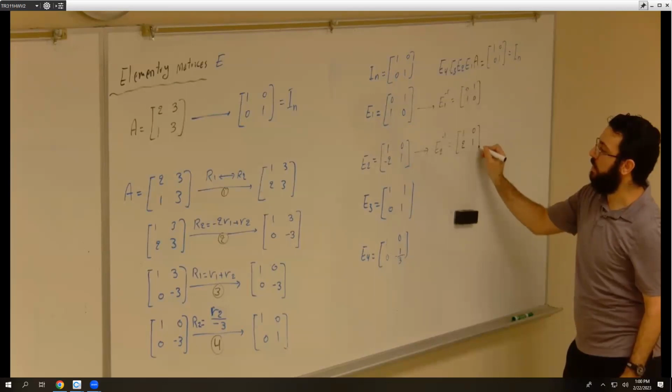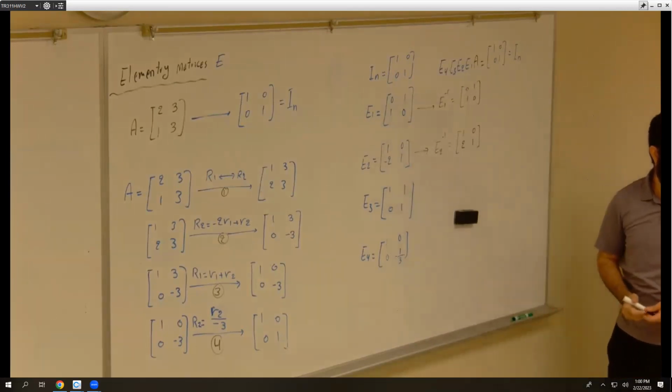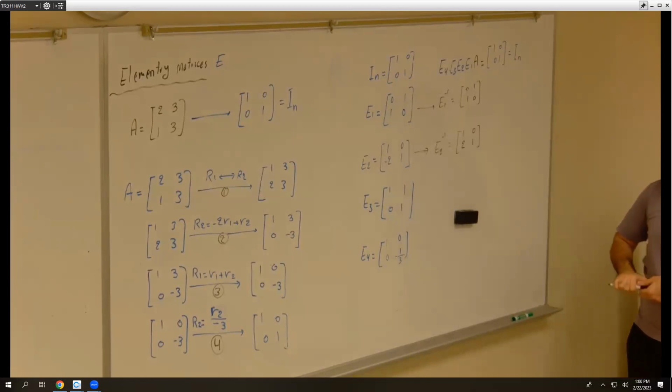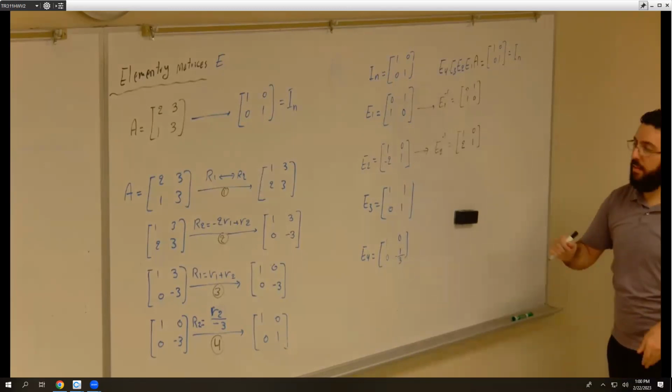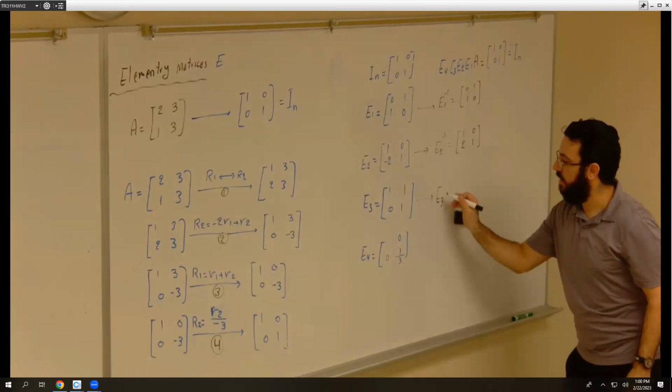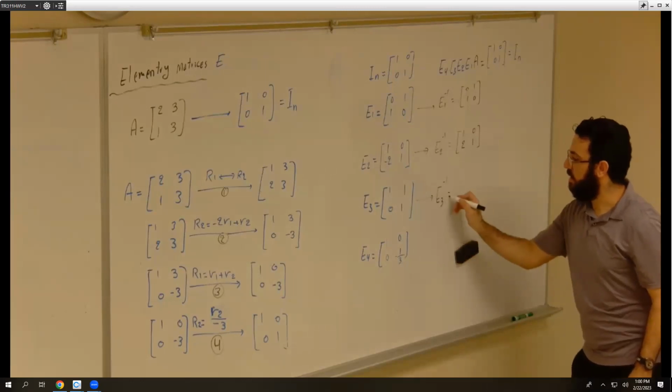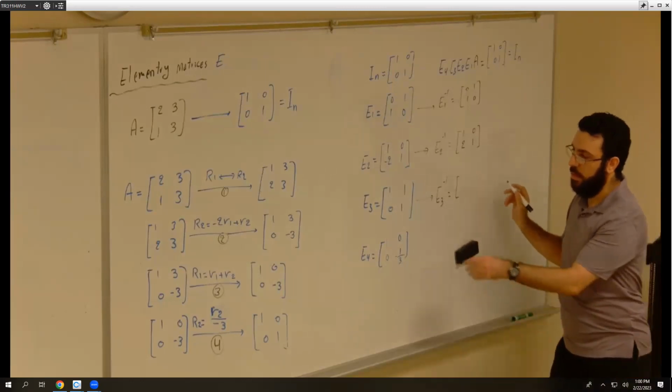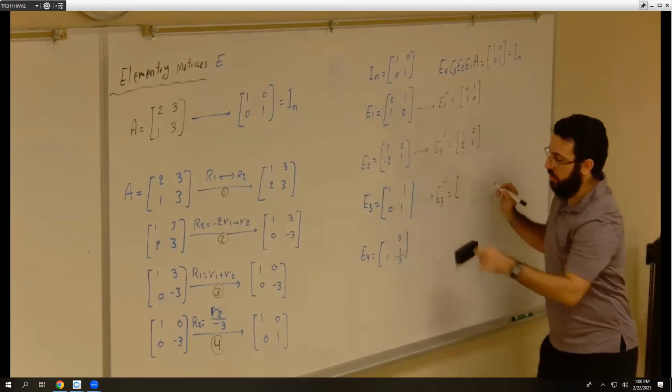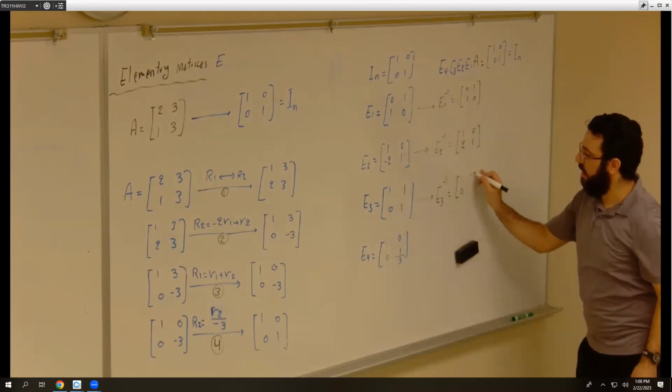So this is the inverse for this matrix. Okay. What about E3? It's going to be what? This number we work on, right? So 1, 0, this one is going to be -1, and here is 1.